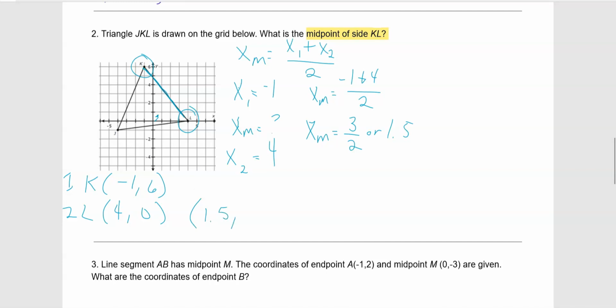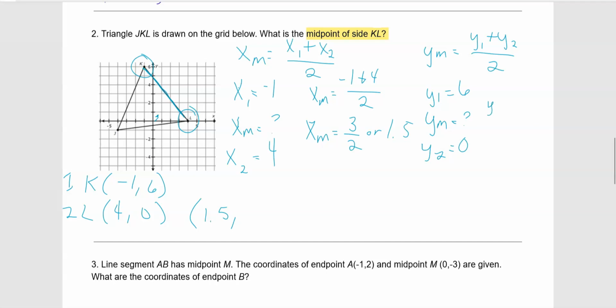Now we need to do the y values. So y of the midpoint equals y1 plus y2 over 2. Y of the midpoint, y1 is going to be 6. Y of the midpoint is unknown. And y2 is 0. So this one actually makes things a little bit easier for us.